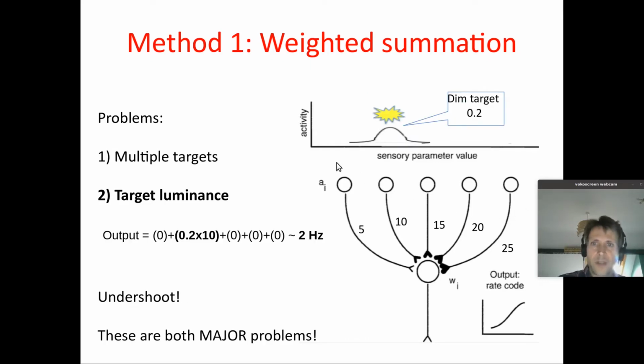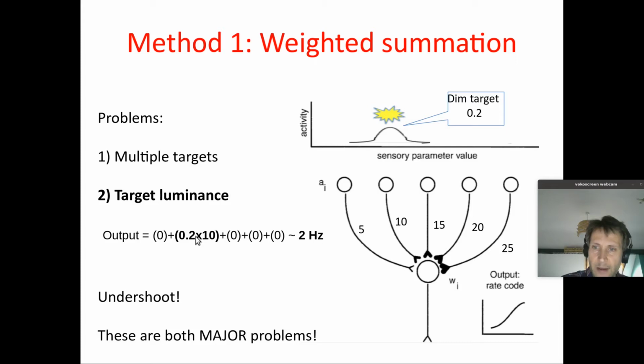And there's another problem, which is that if we reduce the stimulus size by making the target dimmer, we have another problem. So suppose we've got a dim target now, which has a luminance of 0.2, 1/5 of the luminance, and it's at 10 degrees.